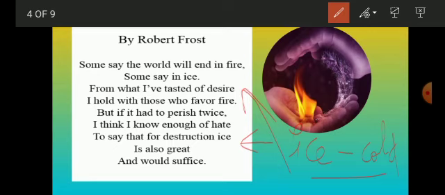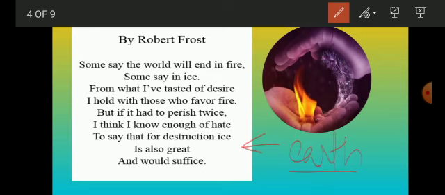So in this stanza he believes that even ice can be the reason for the end of the earth, for the destruction of the earth. So he says that even ice is as strong a destructive element as fire, and even it can be the reason for the earth's destruction too.